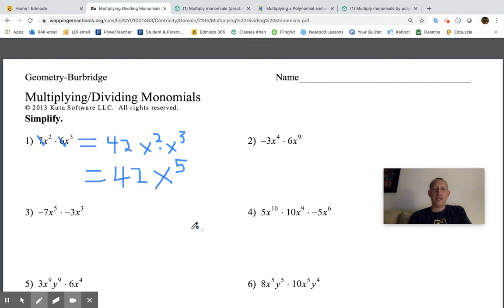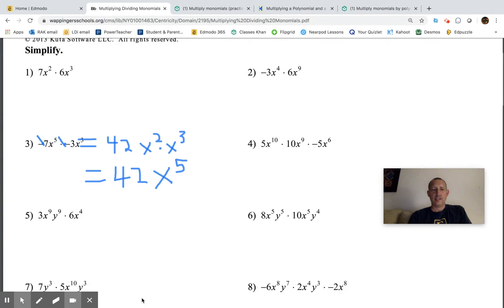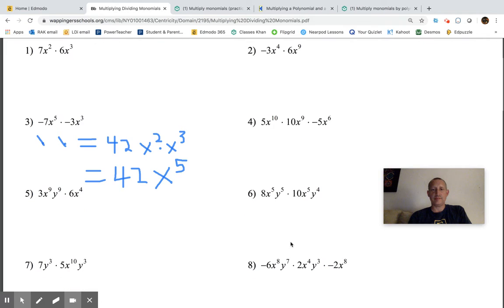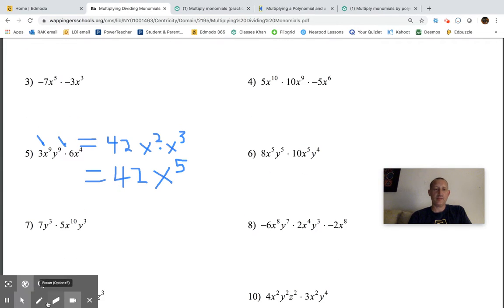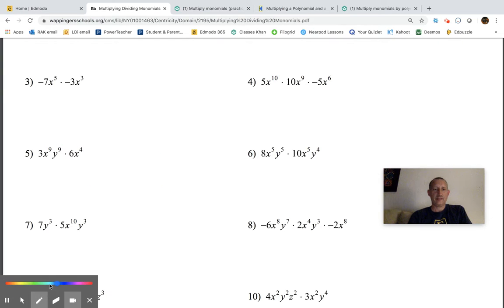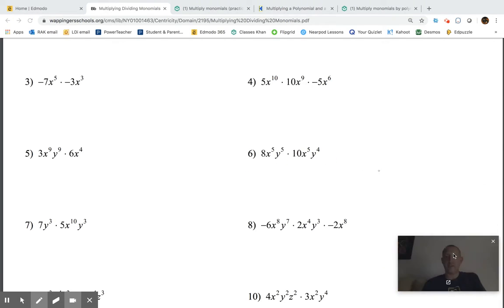Now, let's try one that has an x and a y. So if you look over here at number 6, that's a good example. For number 6, by the way, let me move my face out of the way. Let's multiply the numbers together.